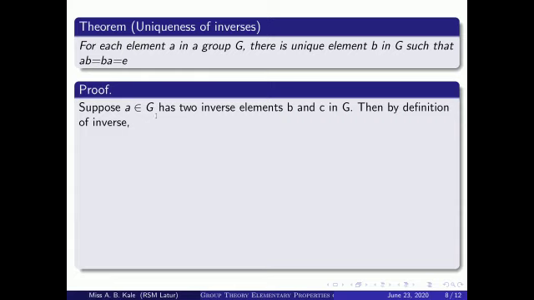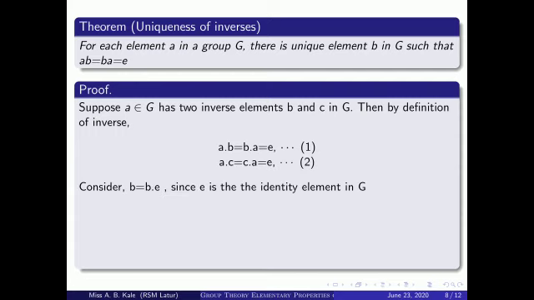Suppose A belongs to G has two inverse elements B and C in G. Then by definition of inverse, let A has inverse B implies A dot B is equal to B dot A is equal to E. Again, A has inverse element C, therefore A dot C is equal to C dot A is identity.